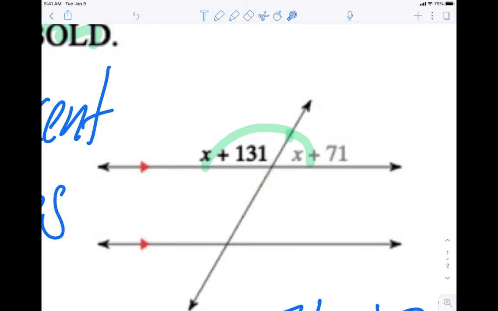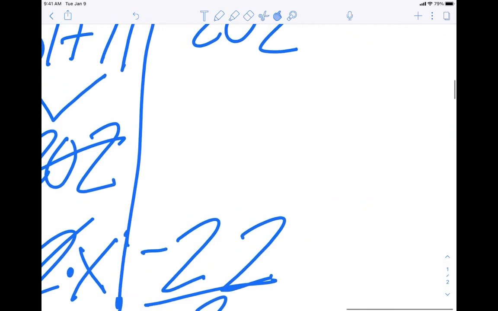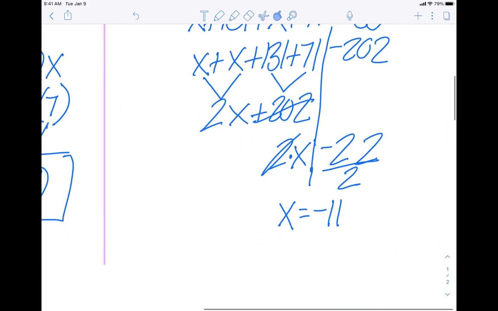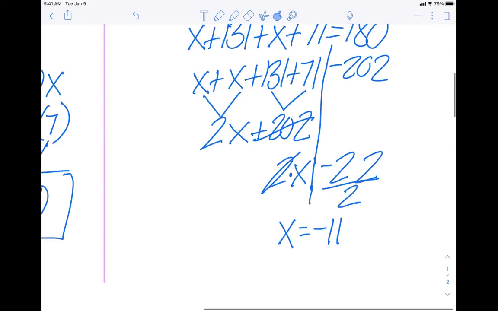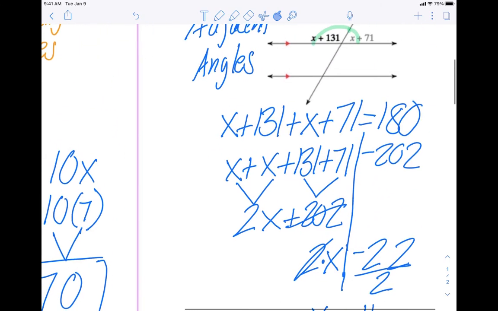Look. X plus 131 is darker than x plus 71, so x plus 131. So let's take a look here and let's go over here. And we're going to, come on, move. Oh, I can't move anymore. Okay, so x plus 131.